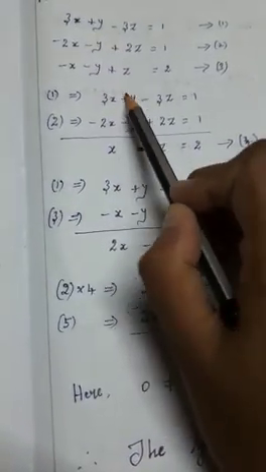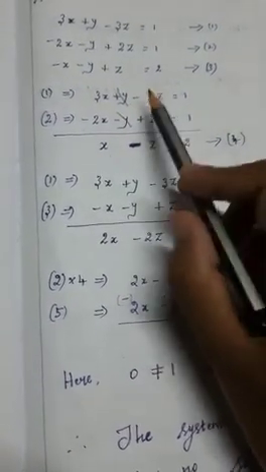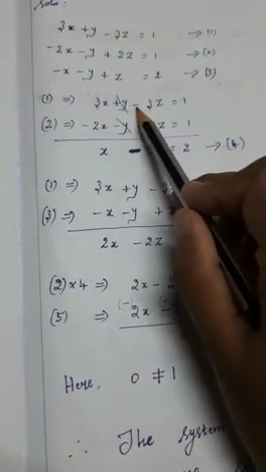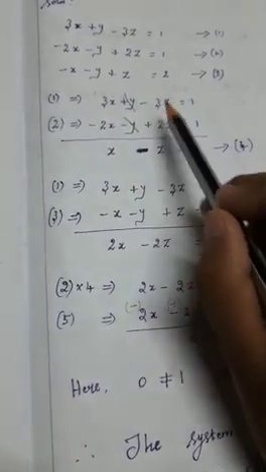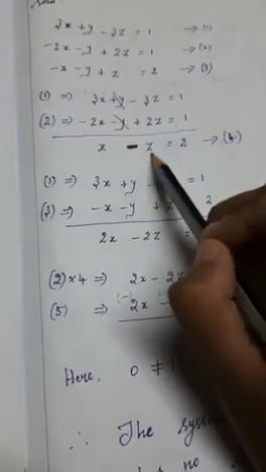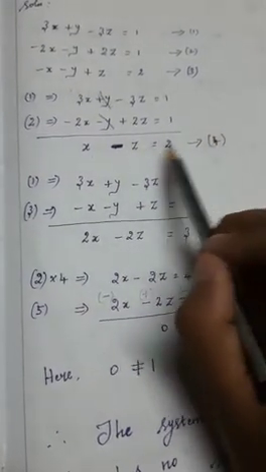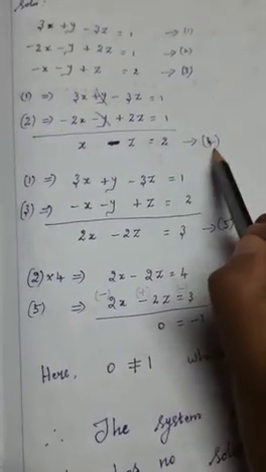The plus y and minus y are eliminated. Here minus 3z and plus 2z, the signs are different, so subtract and take the bigger number's sign, which is minus. 3 minus 2 is 1, so minus z. So x minus z is equal to 1 plus 1, that is 2. That is the new equation, which you can consider as equation number 4.